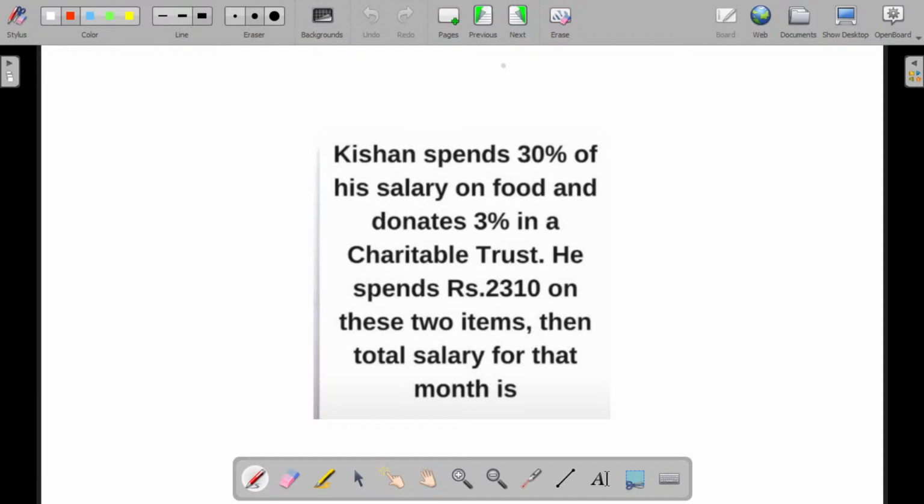Kishan spends 30% of his salary on food and donates 3% to the charitable trust, and he spends 2310 on these two items. Then what is the total salary for that month? Okay, please mention the answer in the chat box.